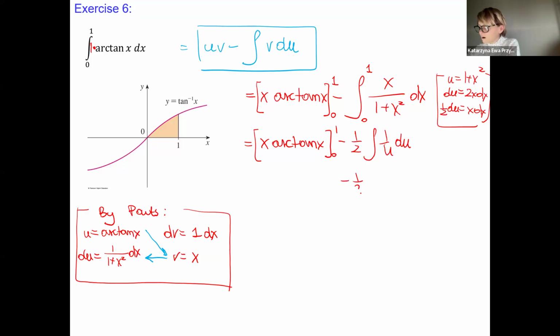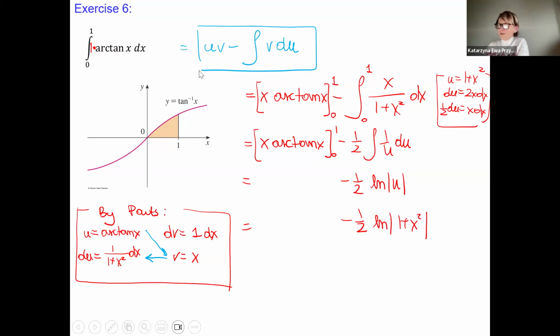But we can say 1/2 natural log of u. And natural log, let's come back to this one. Because you can see I just said we don't have to change the limits of integration, but this was different. This was an additional u substitution, it wasn't the main one. That means I did come back, and then I can say that I am evaluating everything. Okay, let's say this one is natural log.